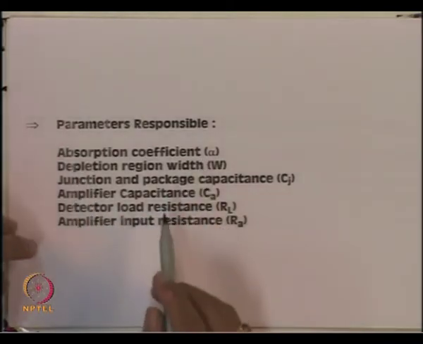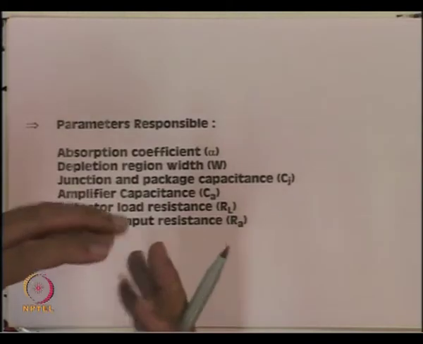Now, the absorption coefficient is purely decided by the material used for making the detector, so practically it is not much in control. The depletion region width, however, one can manipulate. As we have seen, by increasing the length of the intrinsic layer, the depletion region width is increased, so you have better absorption of the photons. So, this quantity can be controlled.